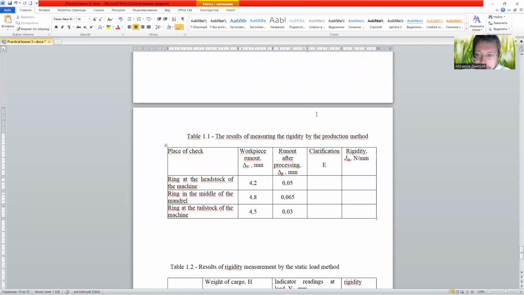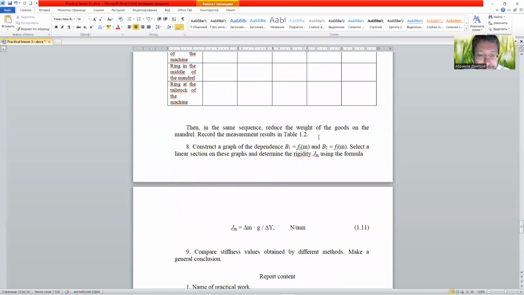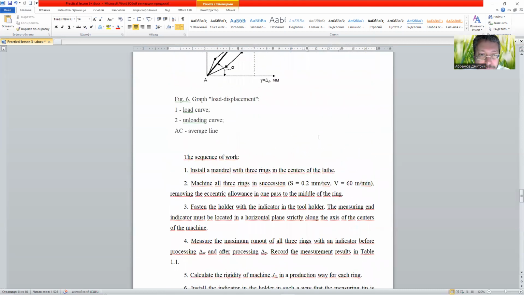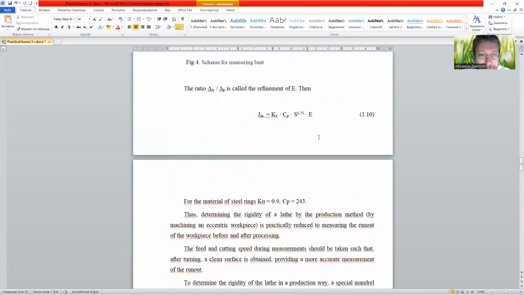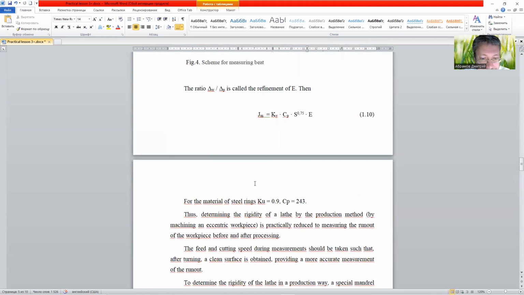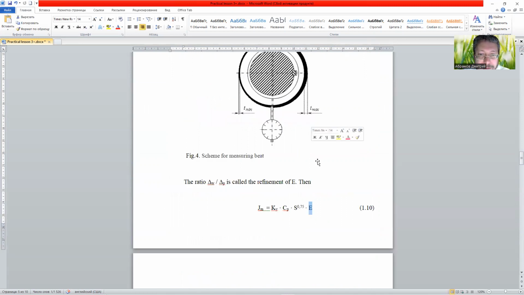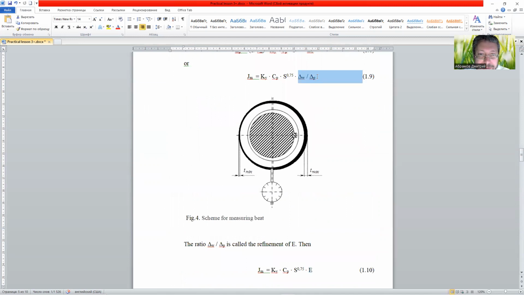What formulas should we use? For the coefficient you should use the formula: E is equal to the ratio of delta_W and delta_P.